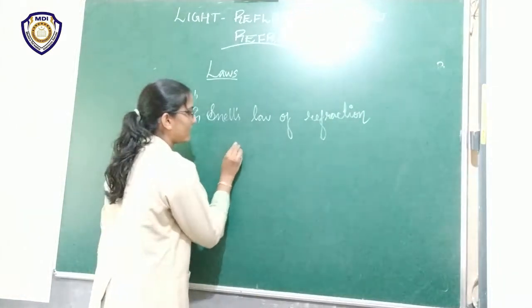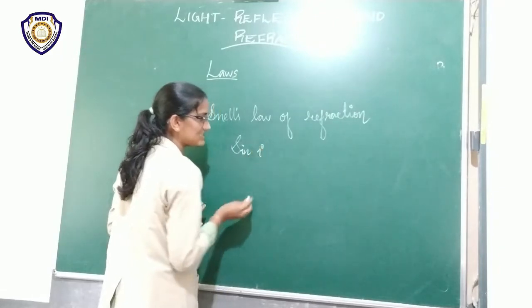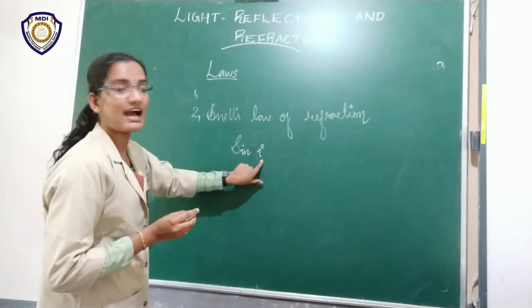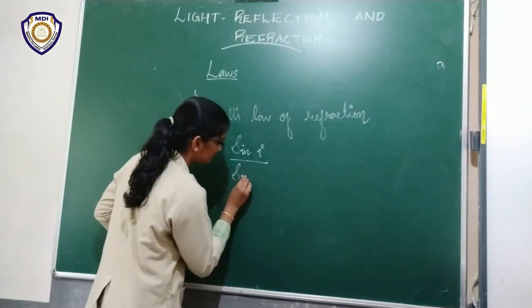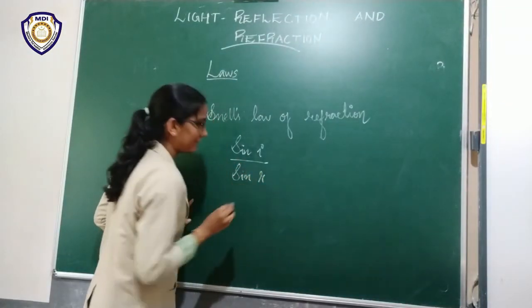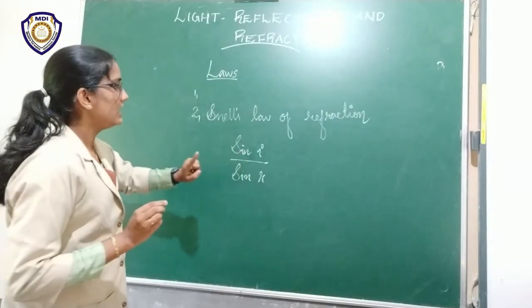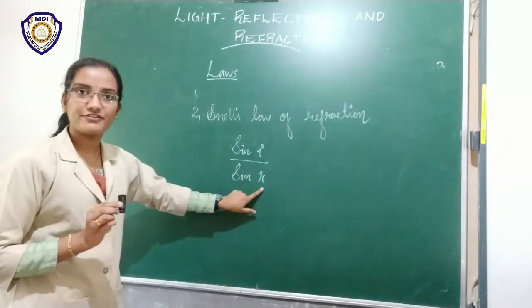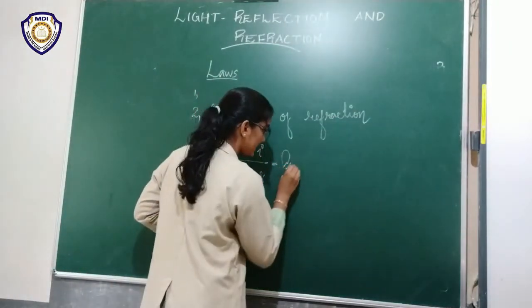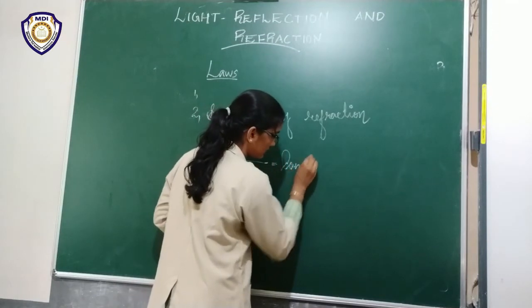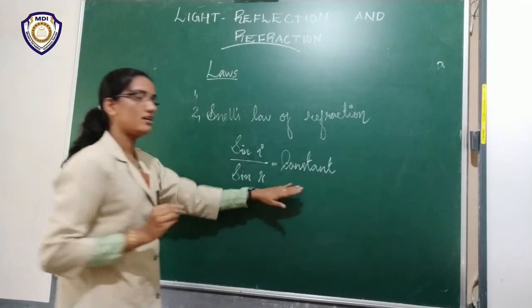We can write that as sine of the angle of incidence, i, over the sine of the angle of refraction, r, is a constant.